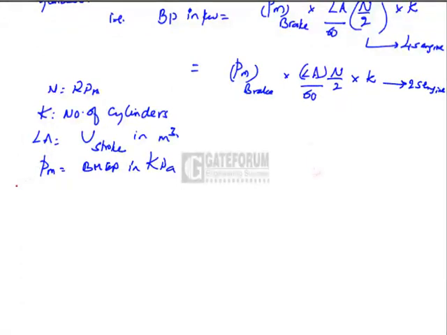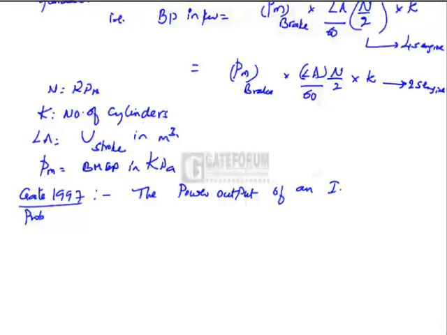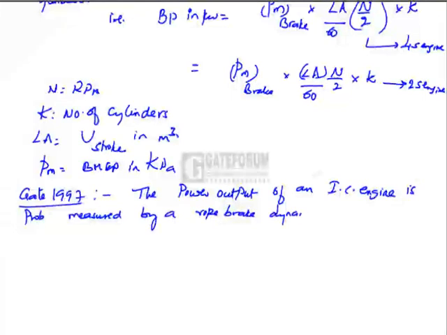Now let us solve a problem given in GATE 1997 regarding IC engines. Conventional problem. The power output of an IC engine is measured by a rope brake dynamometer.